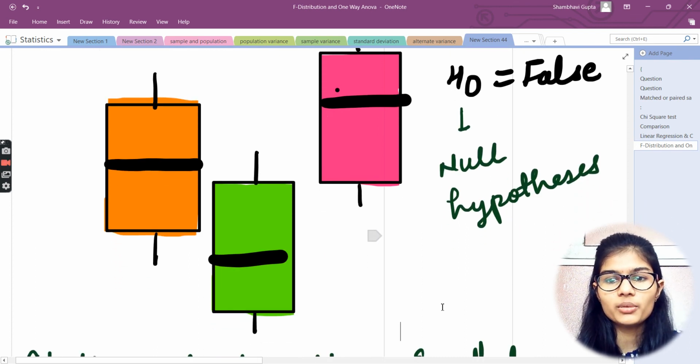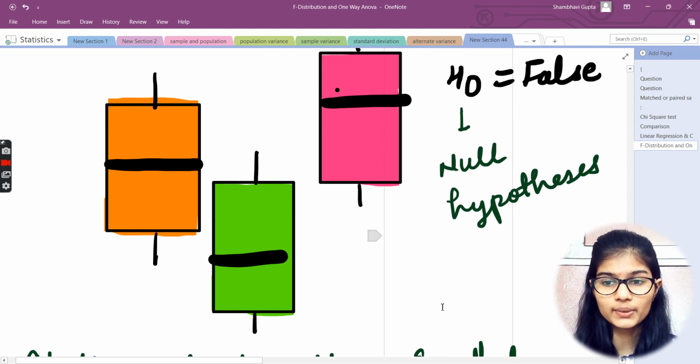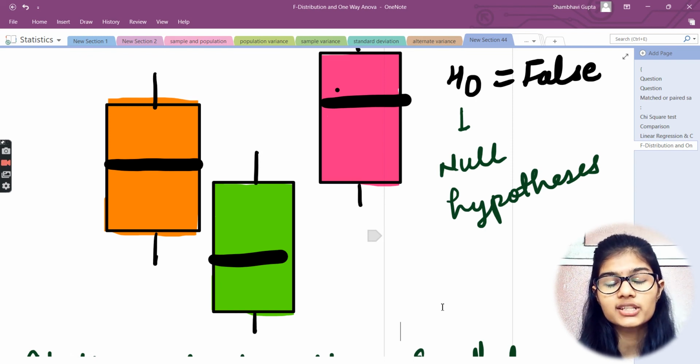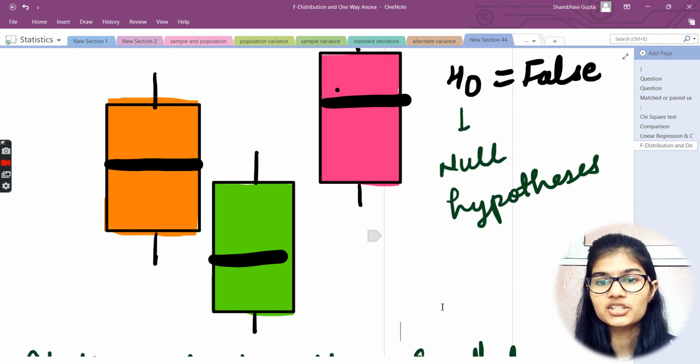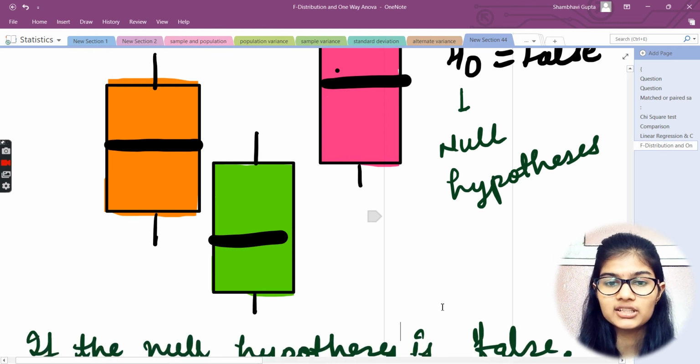When I talk about the alternate hypothesis, I could simply mention that all the means on these plots are not equal to each other. Above, when they were equal, we wrote that H0 is true. Now here we'll be writing that H0 is false. It means that the null hypothesis is false.